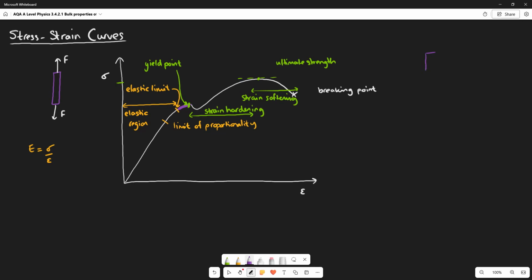And you start to get something called necking, where the material begins to weaken more and more at one location. This weak spot continues to get thinner and thinner, and eventually you reach the breaking point.